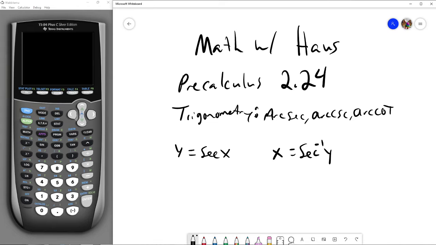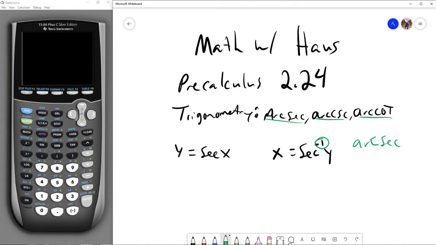Now we have x equals arcsecant of y. That's what this -1 represents. That is the inverse trig function for secant, which I'll usually just say as arcsecant. Alright, enough about terminology.